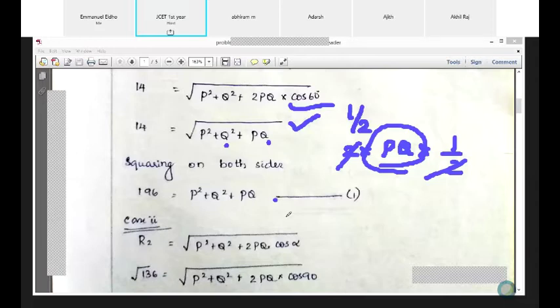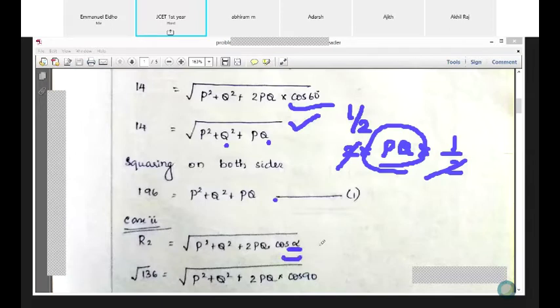Now consider case 2. In case 2 also we can use the same formula, R is equal to square root of P square plus Q square plus 2PQ cos alpha. Here in the second case, the resultant is root 136 is equal to square root of P square plus Q square plus 2PQ cos 90.